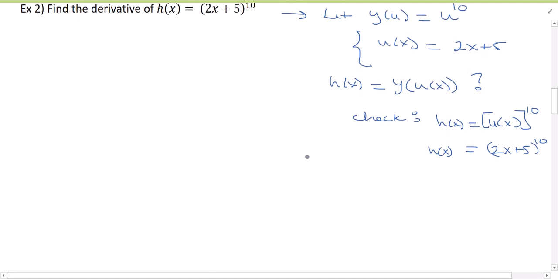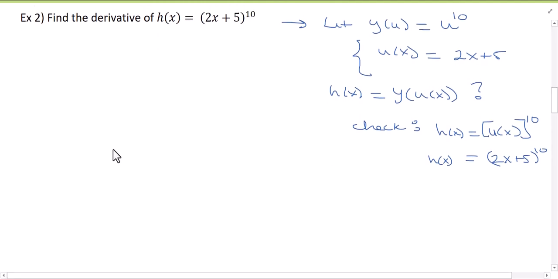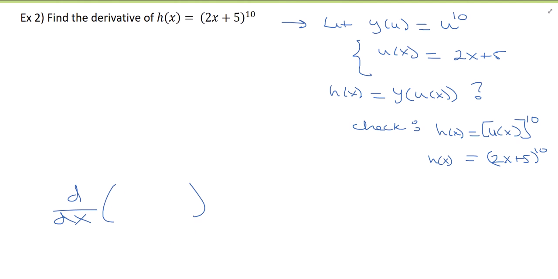Now the derivative, when I take the derivative with respect to x of this composition of functions, what are we going to get? So we're trying to take the derivative of h of x.